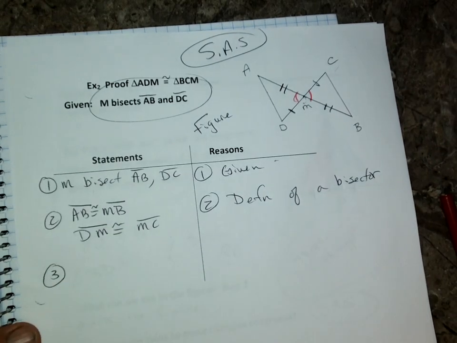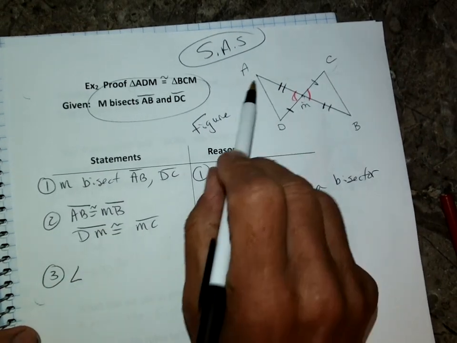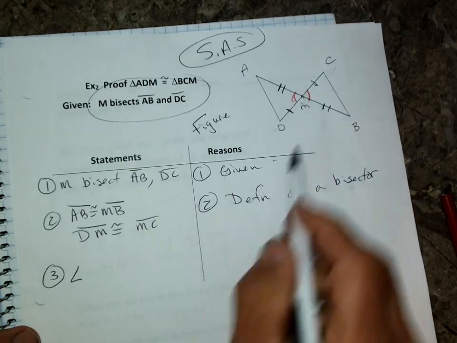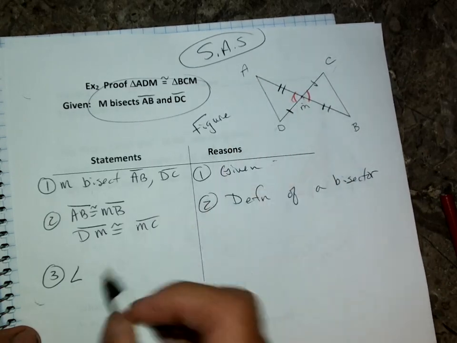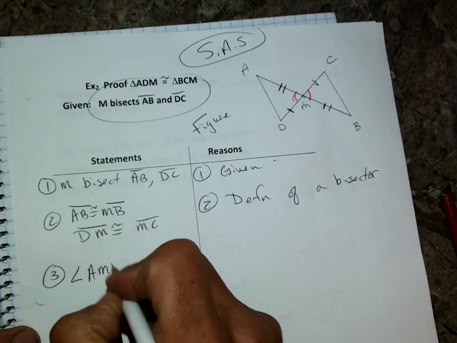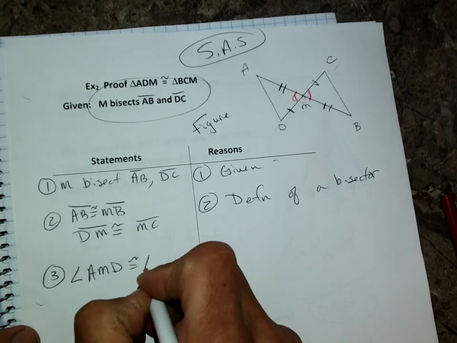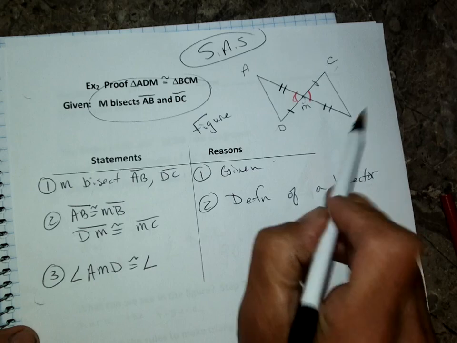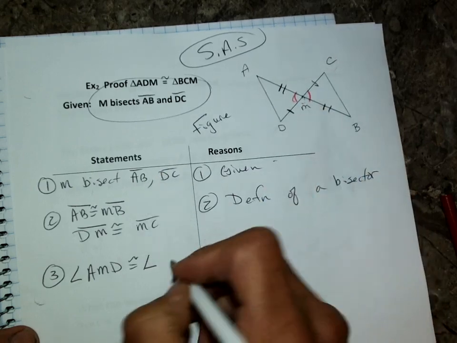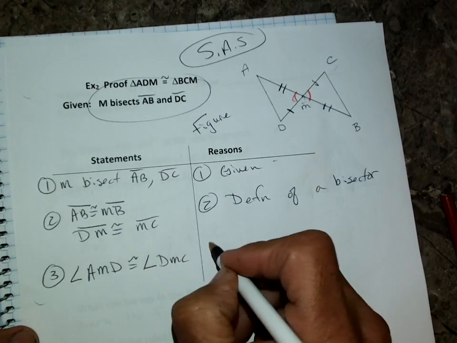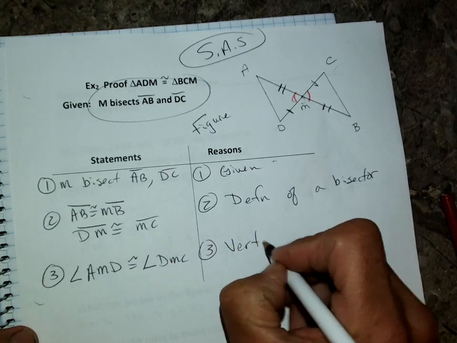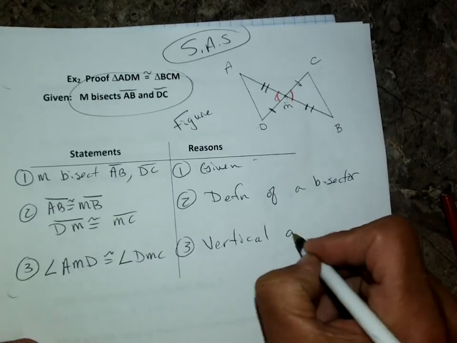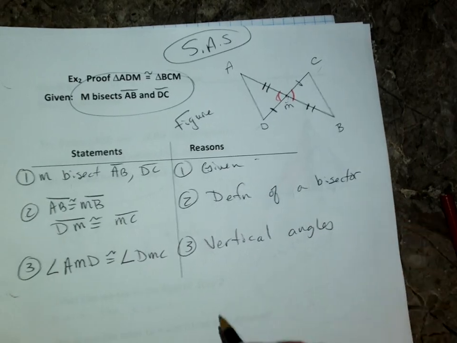Step 3, I know that angle AMD, can't say angle M because that's really confusing. You have to say angle AMD is congruent to angle, same orientation, DMC. Okay, reason? Well, it's vertical angles. Vertical angles, okay?